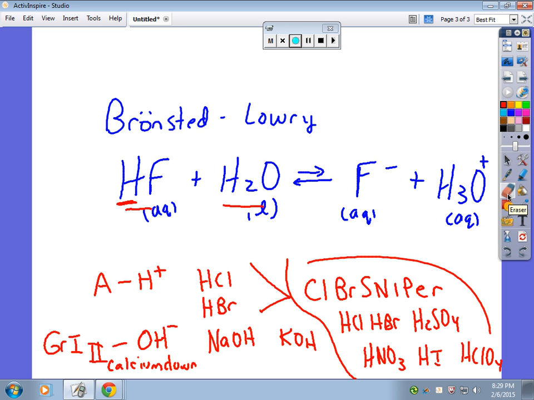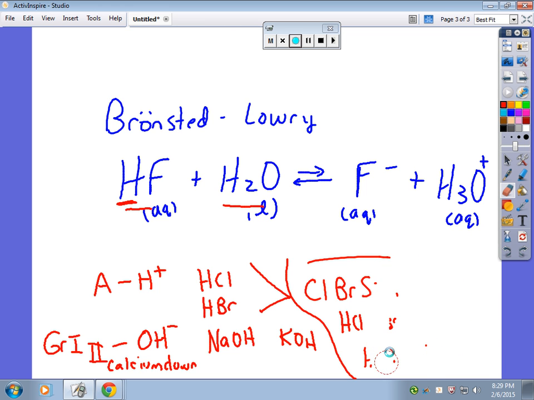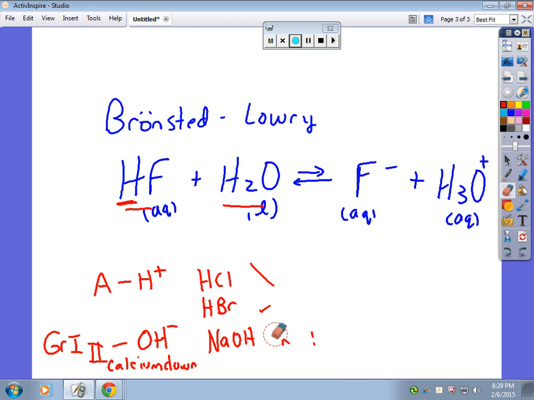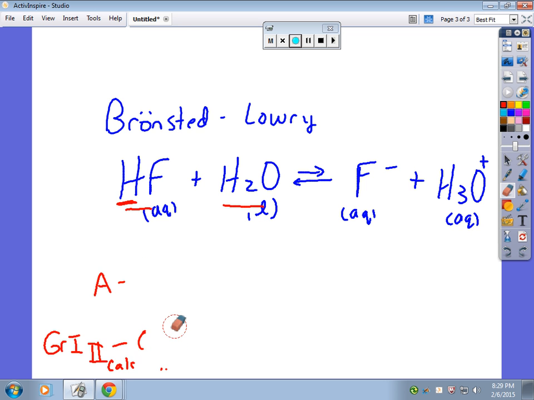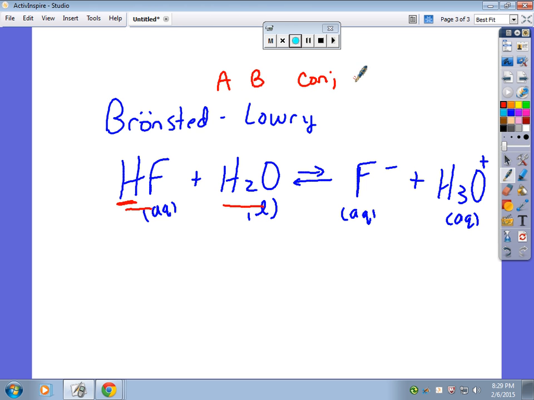Why do I know it's an acid? Because it begins with H, according to the Arrhenius definition. But do you see OH in water? It's just water, isn't it? So what turns out, and this is a fairly good example, is you need to figure out who's throwing and catching. So in Brønsted-Lowry, you have an acid and a base, and you have a conjugate acid and a conjugate base.